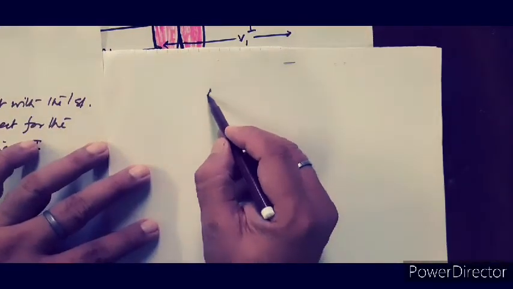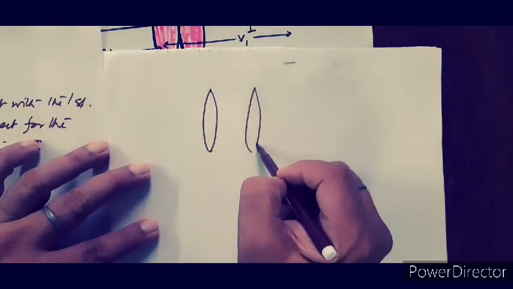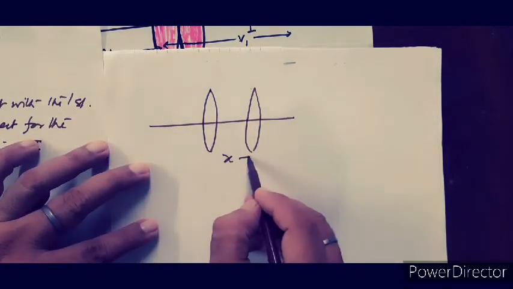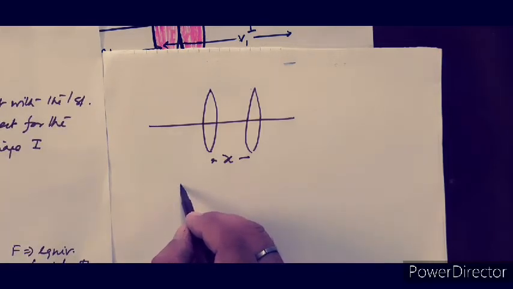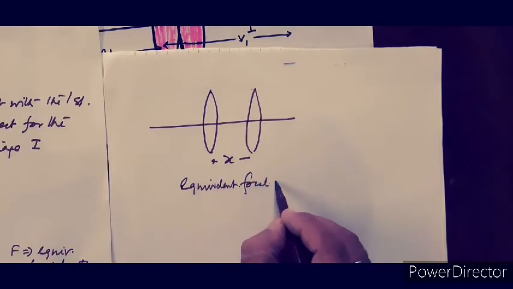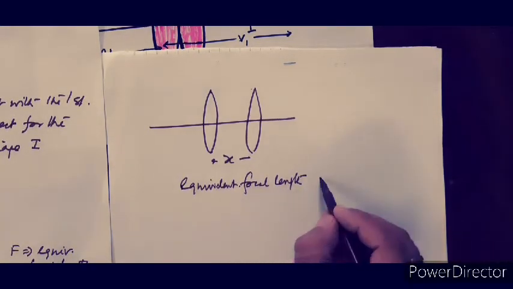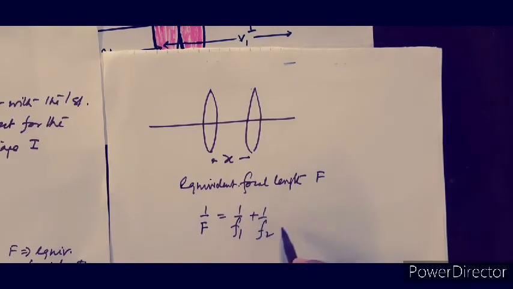If the two lenses are separated by some distance, say x, then the question is to find the equivalent focal length F. It will be 1 by F is equal to 1 by F1 plus 1 by F2 minus x by F1 into F2.